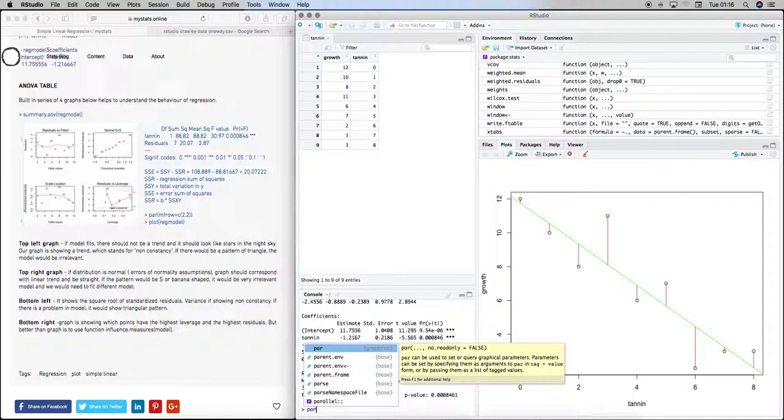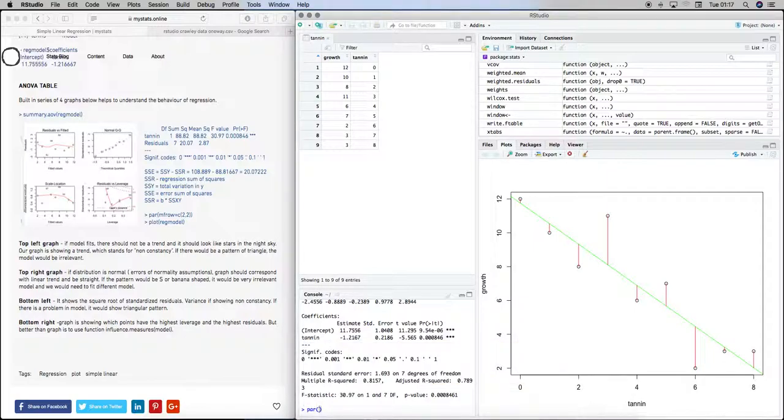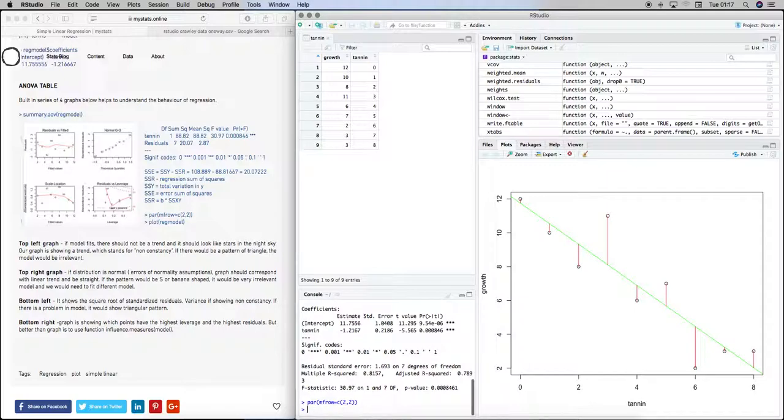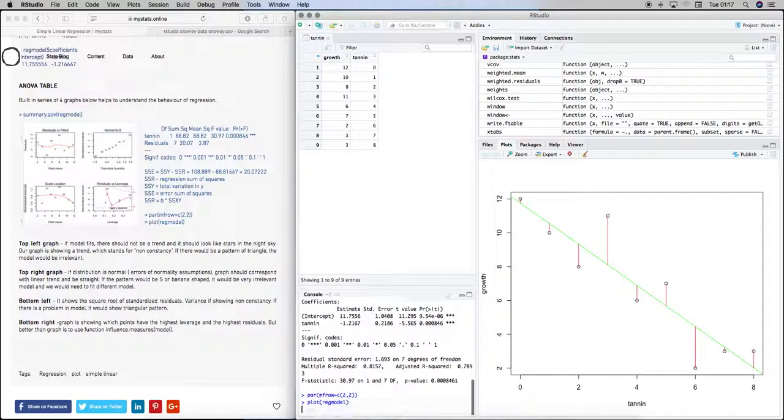So let's prepare the screen into 4 sections. par mfrow equals c(2,2), and let's plot the regression model we have generated.